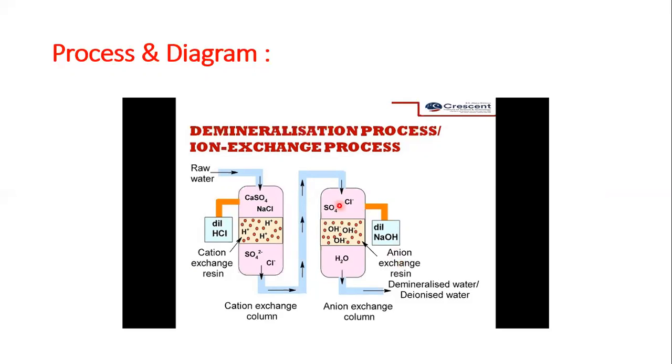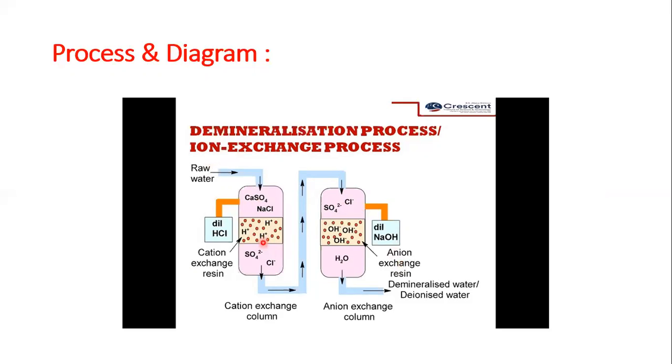exchange resin. So when the raw water enters the first chamber, which is called the cation exchange column, the cation exchange resin has the loosely held H plus ion. So what happens? All the cations get trapped here with the release of the H plus ion along with the anions.